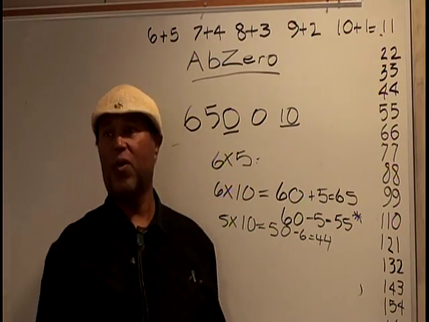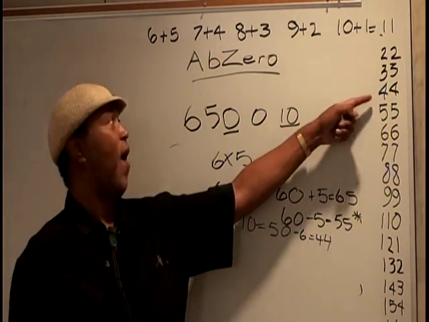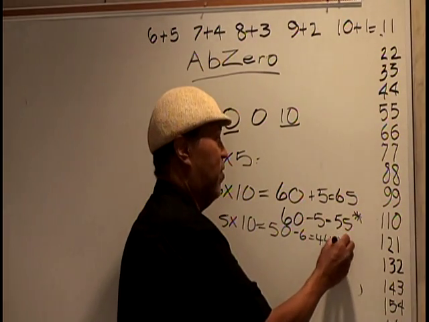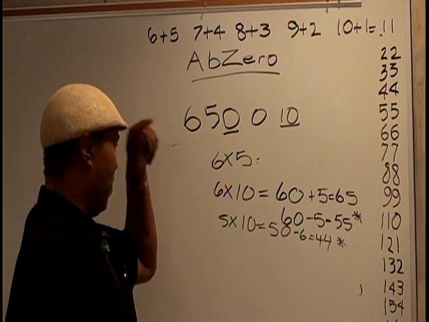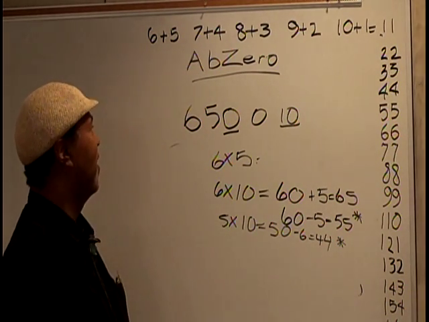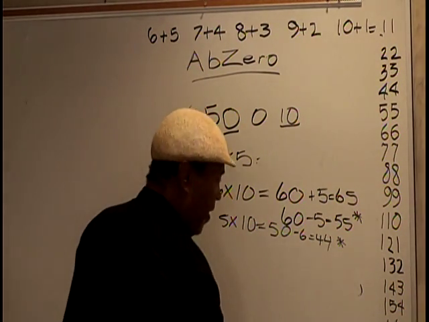Okay, is 44 a multiple of 11? Yes. Then that is a good answer. So that's about 4 so far, and it goes on and on.